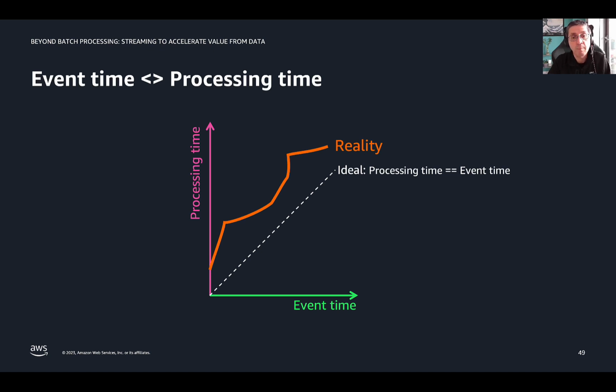And propagation time may vary over time due to congestion of the network, failure, system being disconnected, etc. So one important observation is processing time is always different and later, of course, than event time. And this difference between the two varies over time. And usually there is no simple correlation between the two.